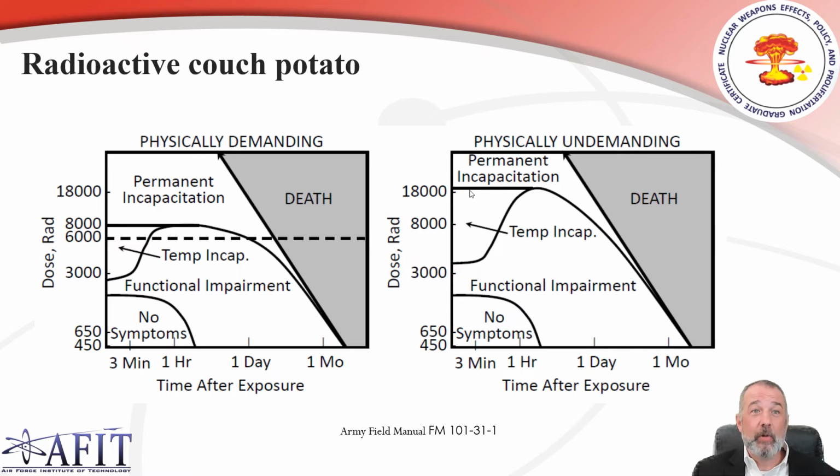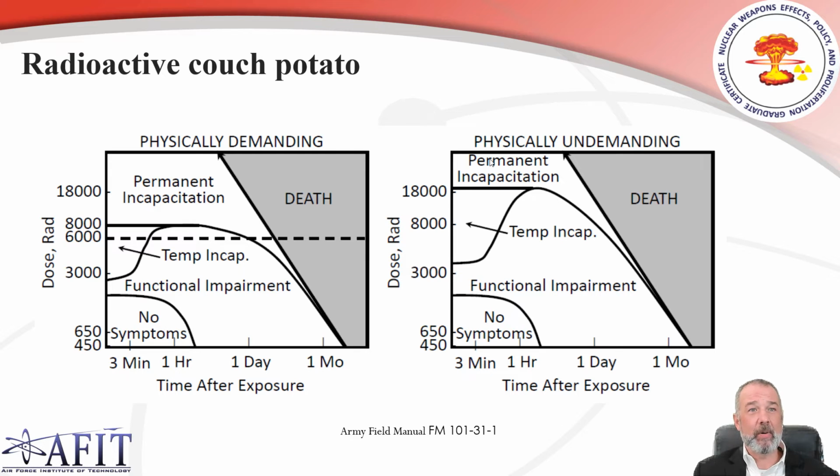If you add that to the cells you're losing due to direct or indirect damage from ionizing radiation, you're losing a lot of tiny bits of you, much more if you're extremely active than if you are inactive. Eventually, it all washes out the same, with death occurring at certain exposures at certain times, pretty much the same either way.